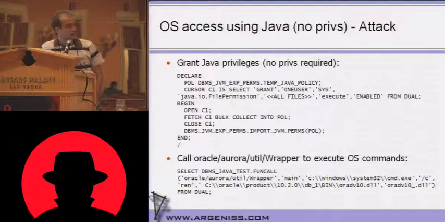This other example is similar to the previous one, but we use the vulnerabilities in the Oracle database implementation of Java, and we can disable database vault with no privileges.